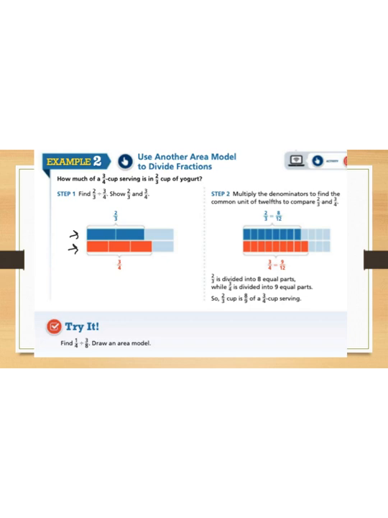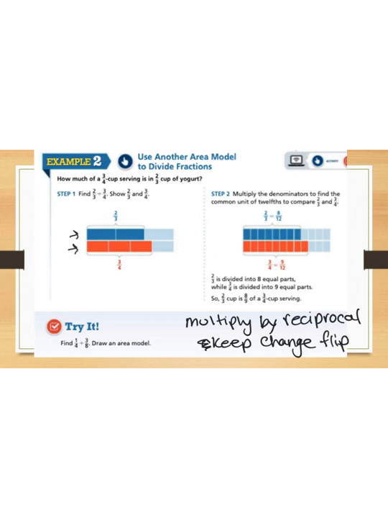Now, how could you do this by multiplying by the reciprocal? Remember, that just means keep the first fraction, change the sign, and flip the second fraction.